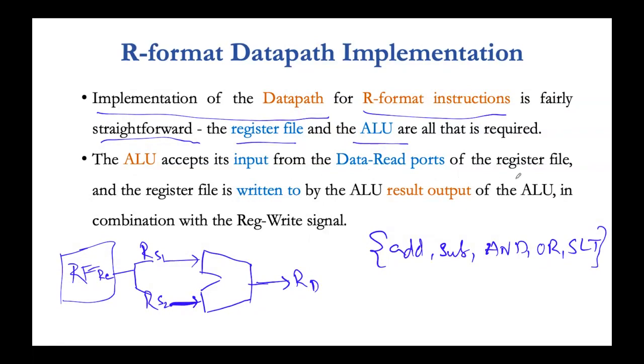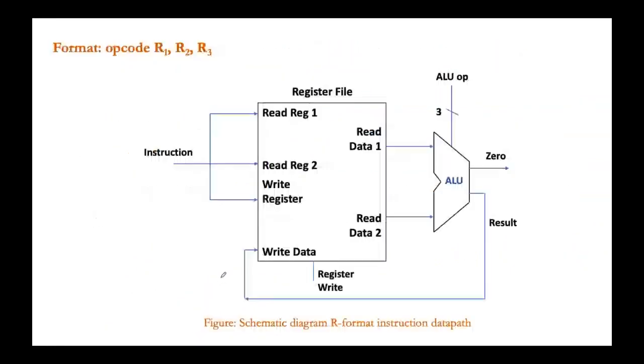So that is the data read ports of the register file, and the register file is written to by your ALU. The output of this will go and write in the write port, as we saw in the previous diagram, the write port, the result. So see here, the same thing is explained.